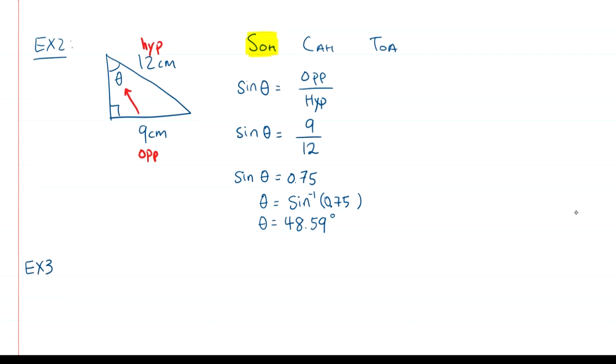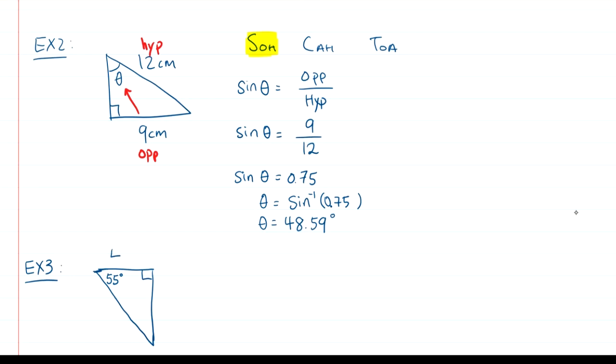Last one, example 3. This time we're going to do something different. Once again, right triangle. This time we are given one angle. This is the angle that we're given, and we are given one side.